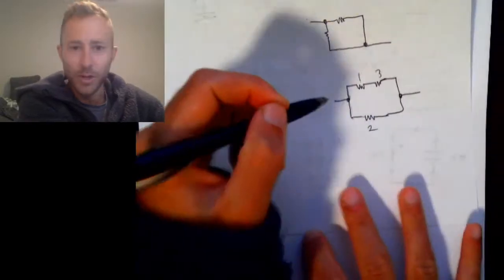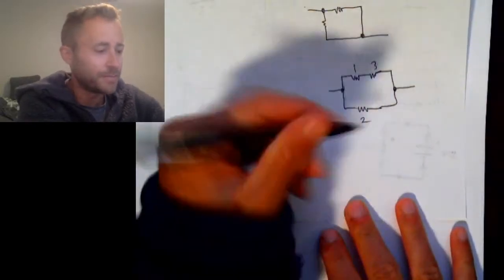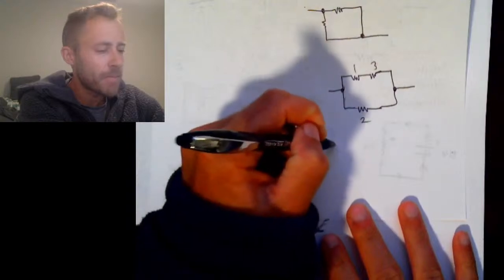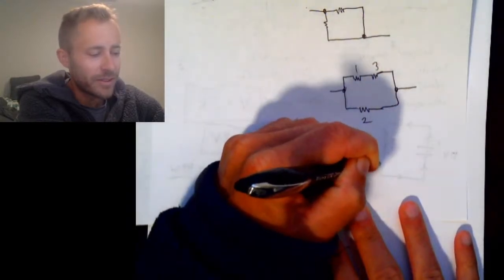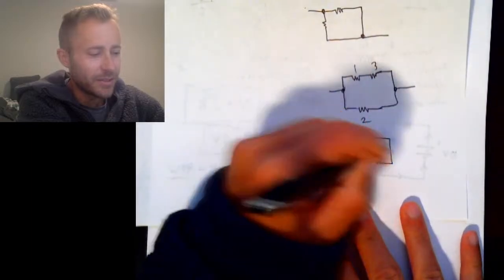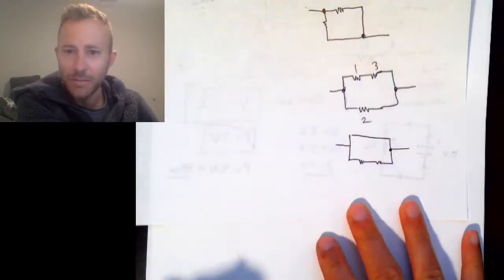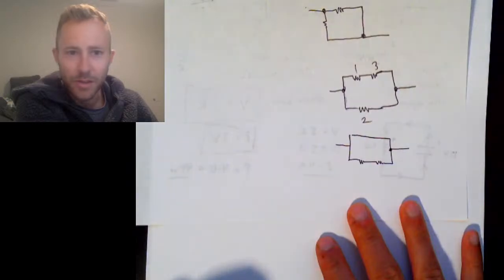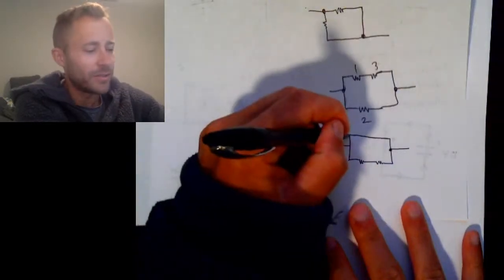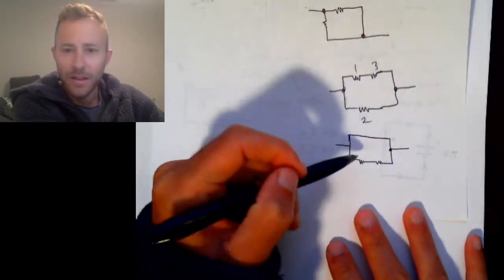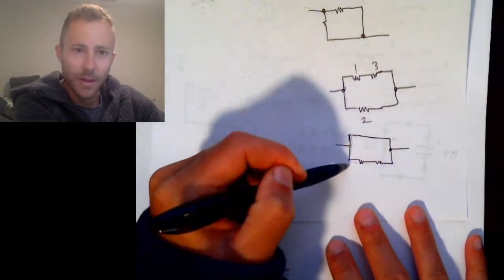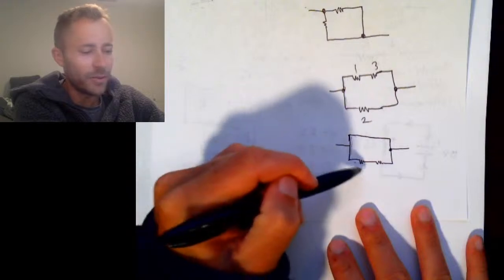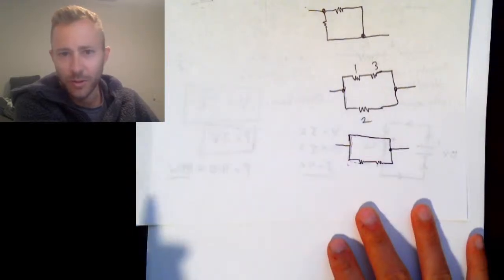Here is a really weird case. If we thought about this, this is actually in parallel as well, because I can do a loop, and in that loop there are only these two resistors, so they're in parallel.